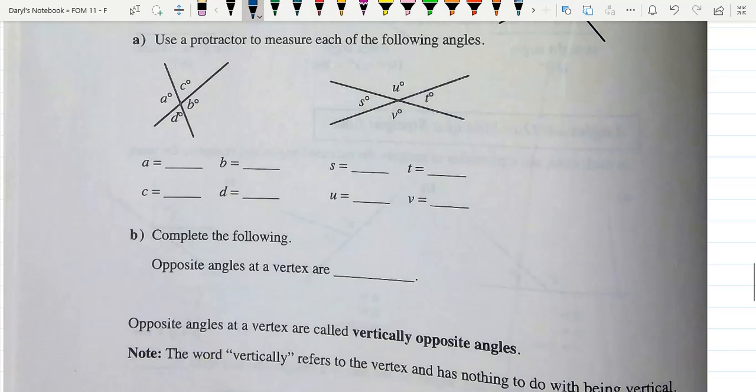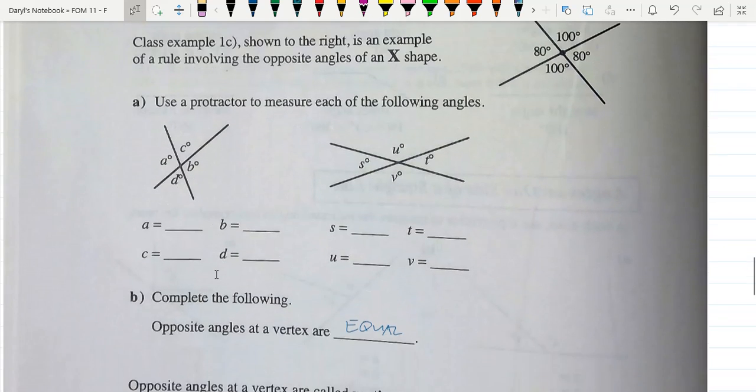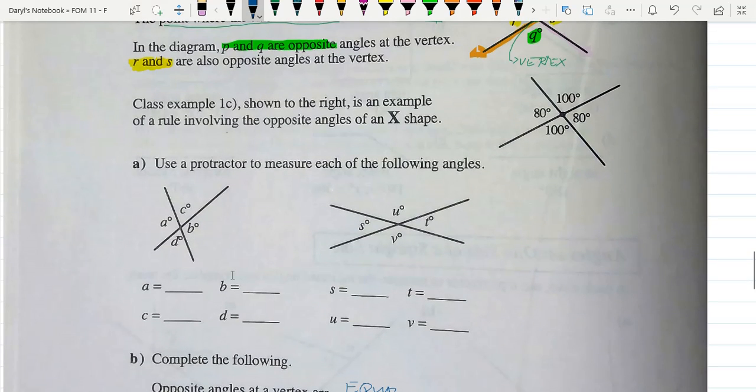Opposite angles at a vertex are equal. I want you, again, to use your protractor to verify if this is true.